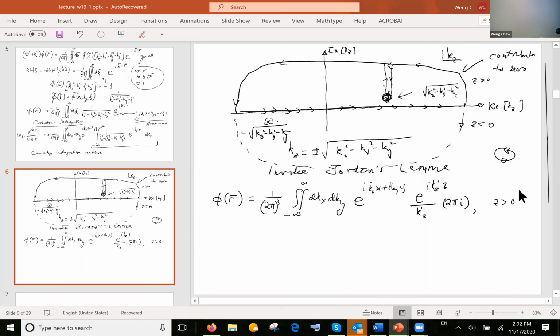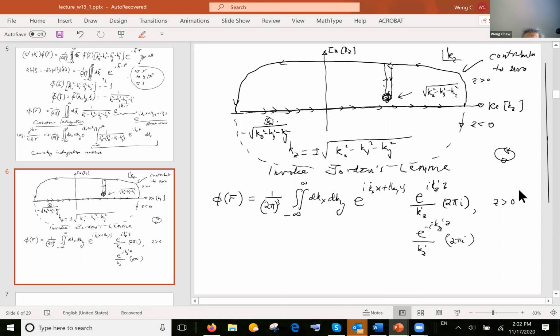And finally, you will get a different sign for the residue, and you will get e to the minus i kz prime z because of the negative sign there. And then you will have a kz prime that's negative, but because you're going in the other direction when you pick up the residue, the residue is now being picked up in this direction, so that minus sign cancels.